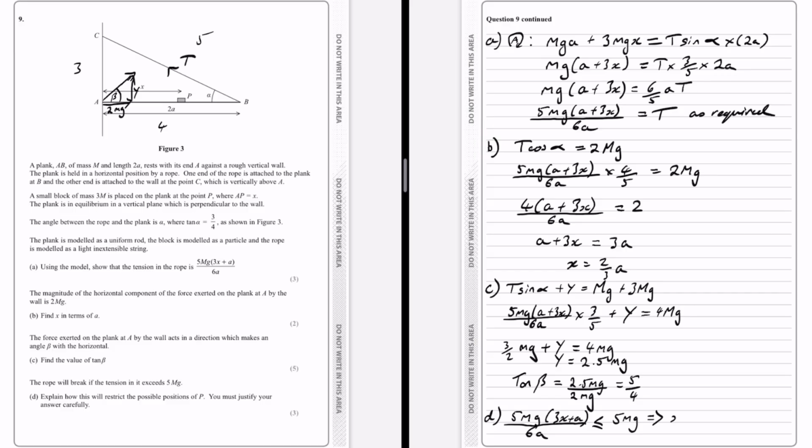Divide both sides by 3, x is less than or equal to 5a over 3. It's quite a nice cancellation down there. Therefore, the block must be placed closer than 5a over 3 from the point A for the rope not to break.